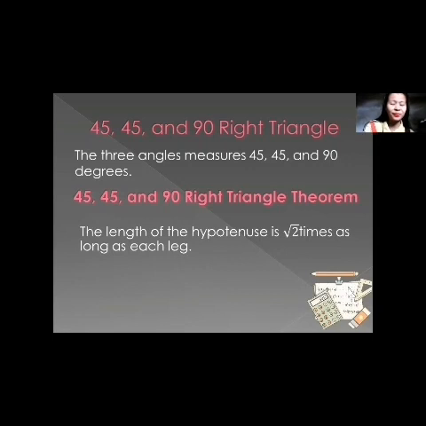Yes, it is the same. Imagine a square shape. Now, we will cut it in half along its diagonal. Yes, class, it will have the same length of its leg.